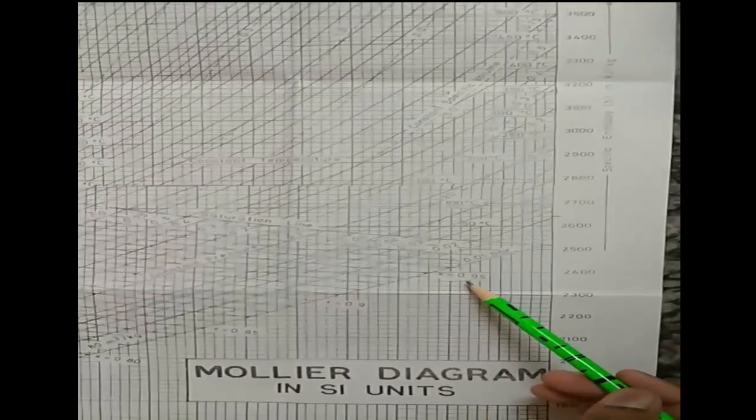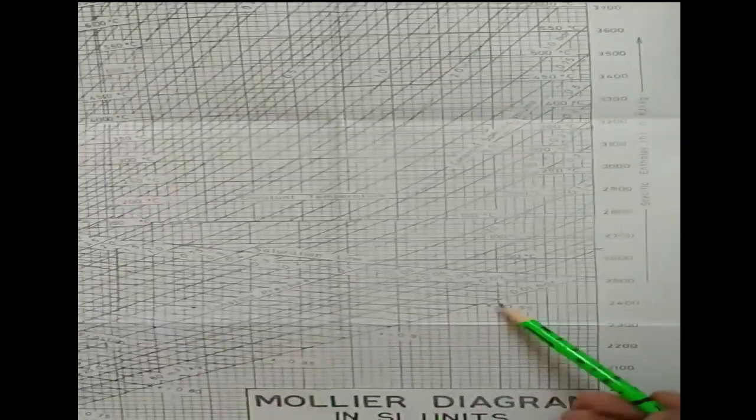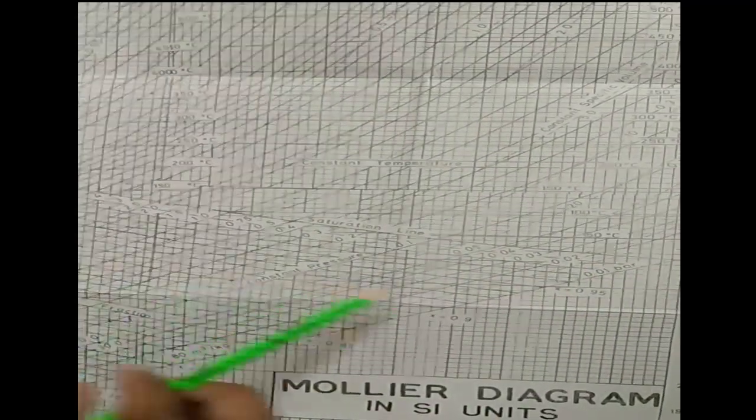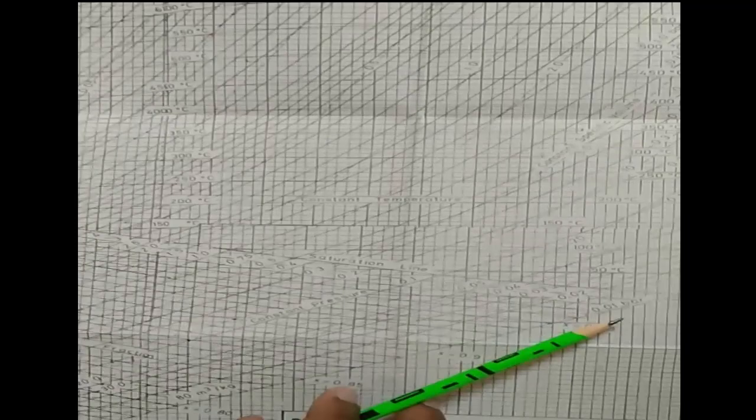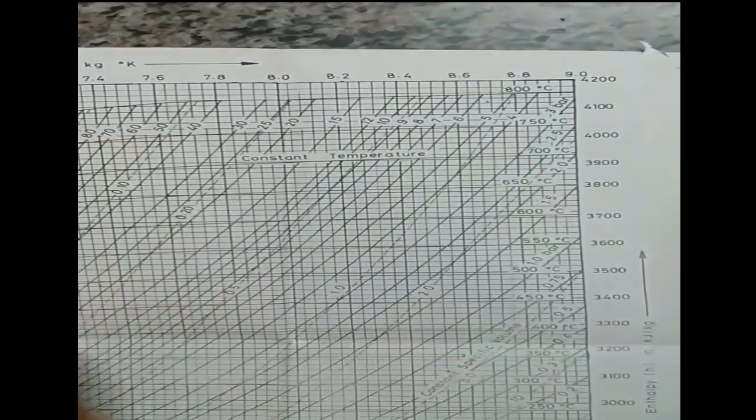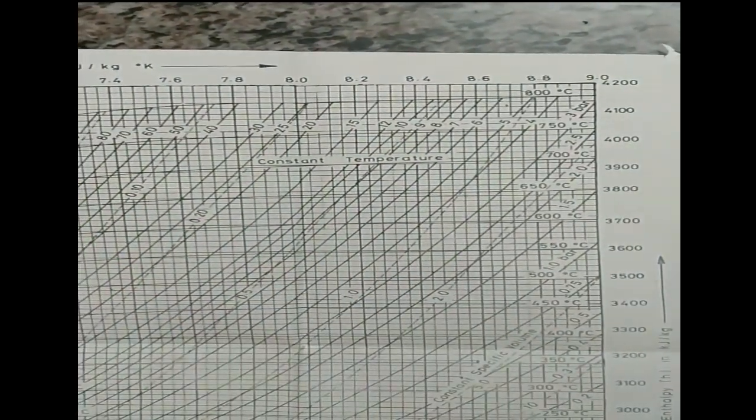Next you can observe 0.95, 0.9, 0.85, 0.8, 0.75. These are the dryness fraction values. On the saturation line you can observe 0.01 bar, 2 bar, 3 bar and so on, and at the top of the Mollier chart you have the pressure. Then you can observe this curve.